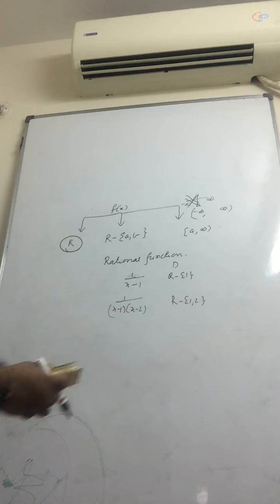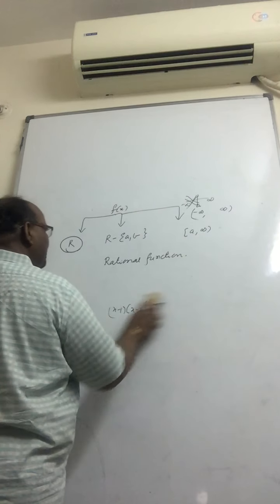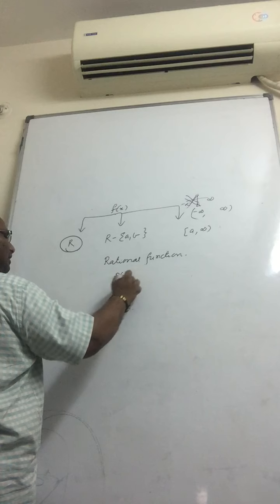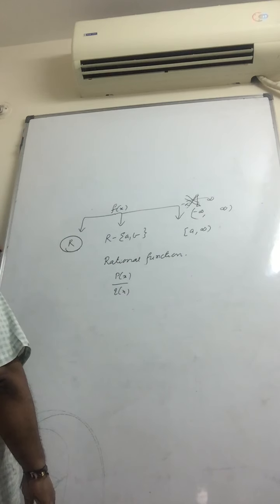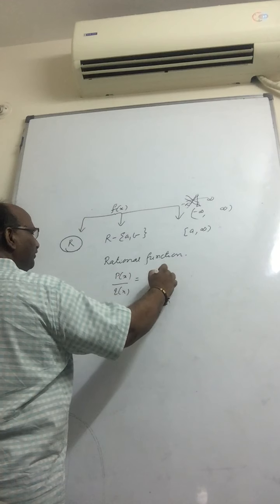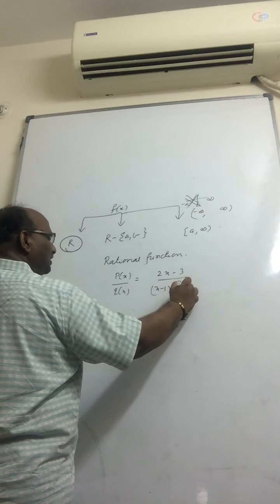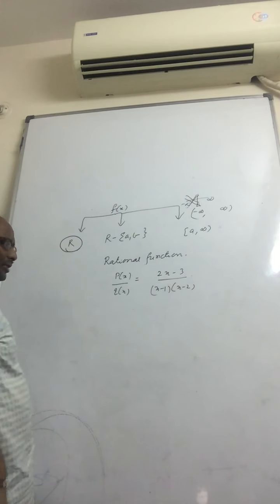Now, a rational function doesn't mean that a constant will be there in the numerator. The meaning of a rational function is that the numerator is a polynomial and the denominator is some other polynomial. Here, if I write 2x minus 3, we are least bothered about the numerator. We are only interested in the denominator.